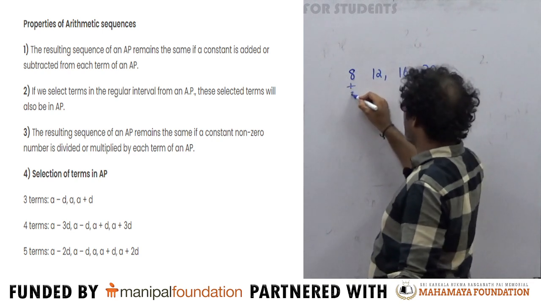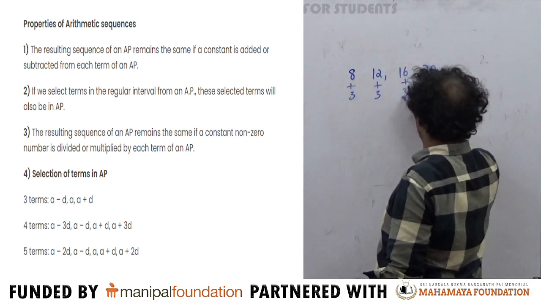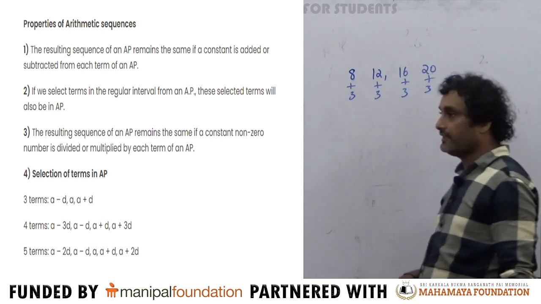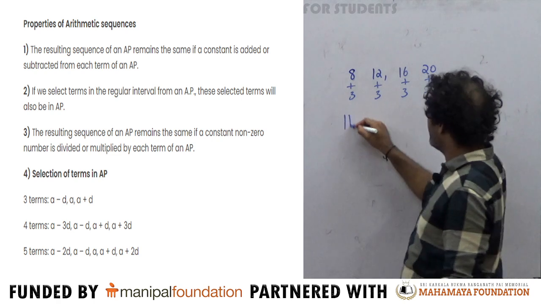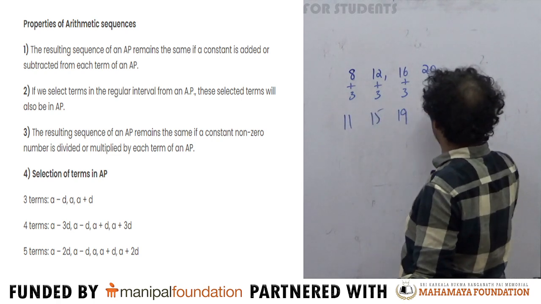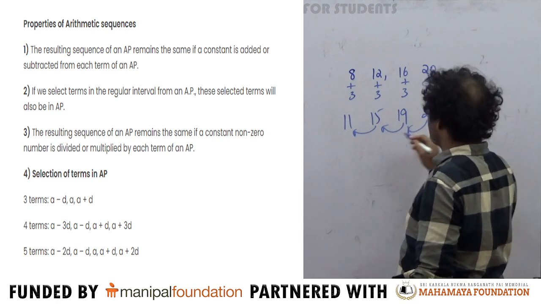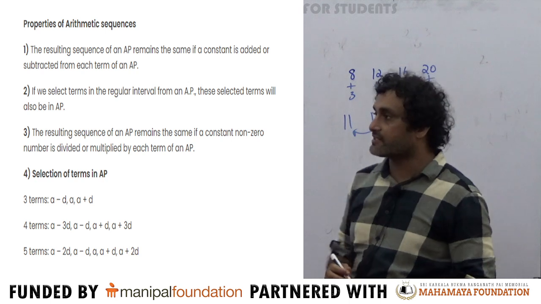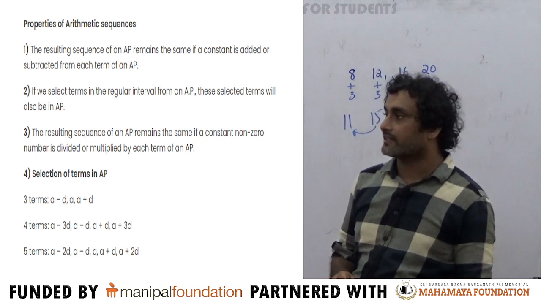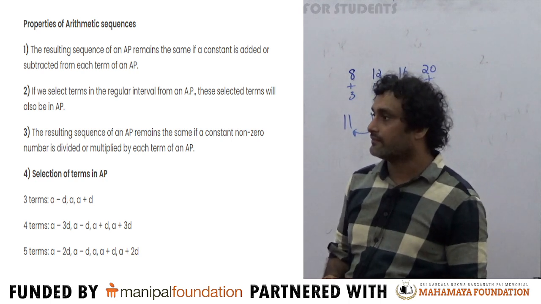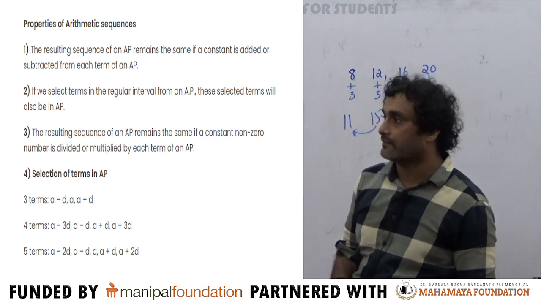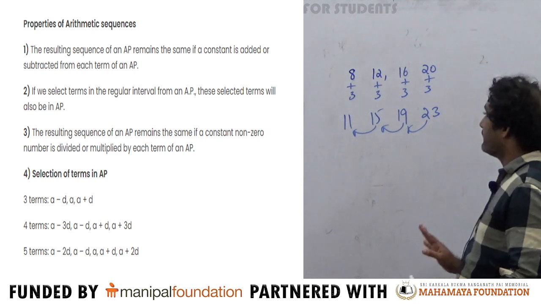Imagine you add 3 everywhere. Correct, right? So did it become 11, 15, 19, 23? Now get the difference. Isn't it still 15 minus 11, which is 4 only? Correct, right? Yeah, this is the one.